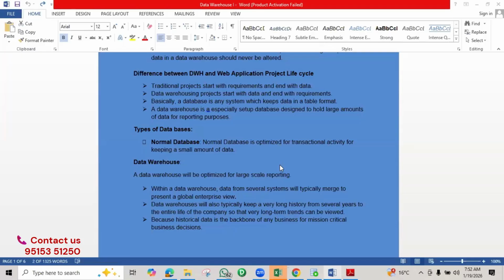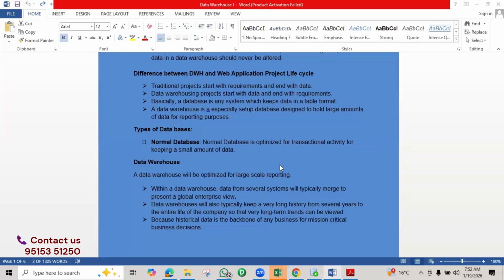Whatever the current data in the normal database, will it be sent to the historical data once the transaction is completed, or is all the data for the whole day transferred at one time? Yes, all the data will be transferred the next date, at one time.